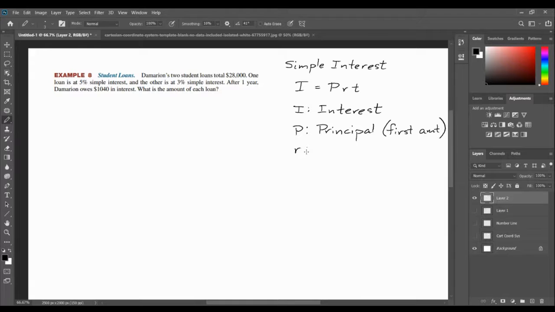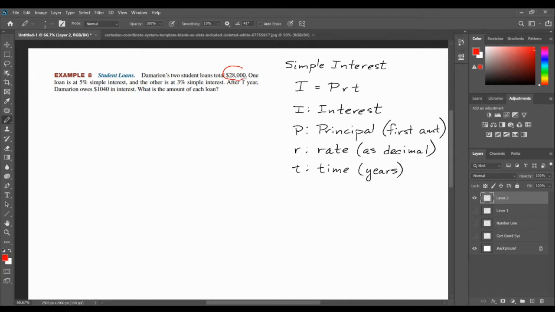R is rate, and this needs to be as a decimal. So we'll look at that here in a minute. We'll populate another table for this one. And T is time, and this would be in years. Okay, so what's the information we've been given here? Two student loans.